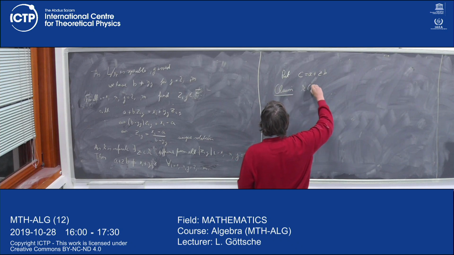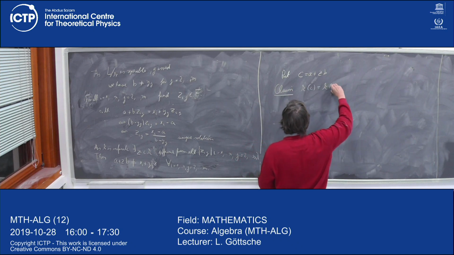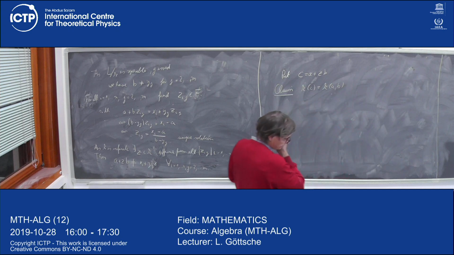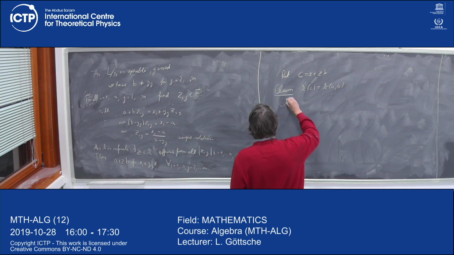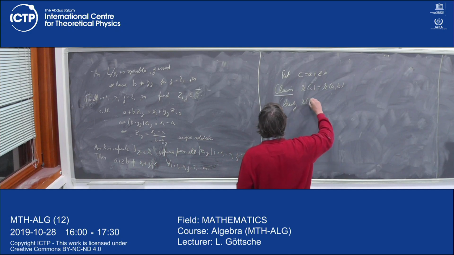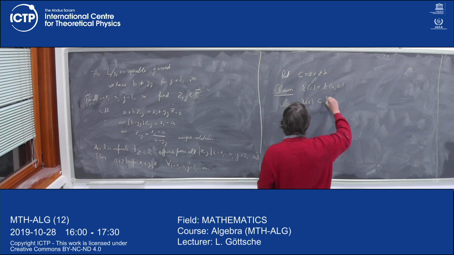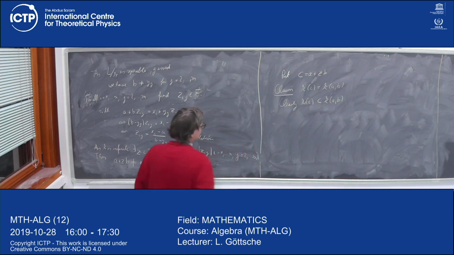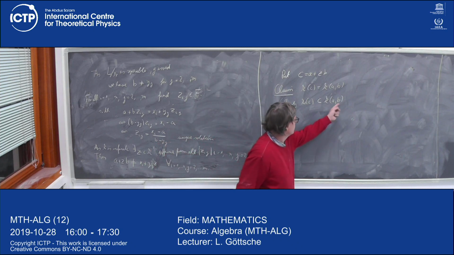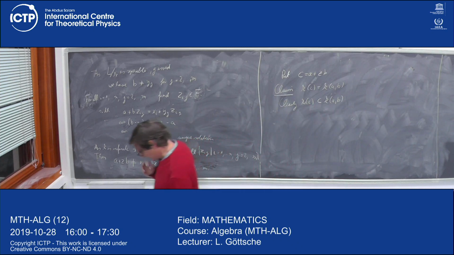that K(c) is equal to K(A,B). Okay, clearly K(c) is contained in K(A,B), because it's just a linear combination. If the field contains A and B, it contains any linear combination, certainly.